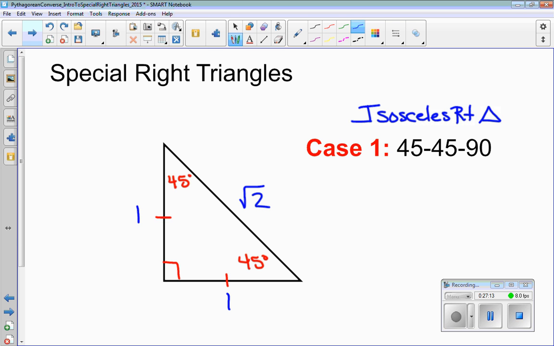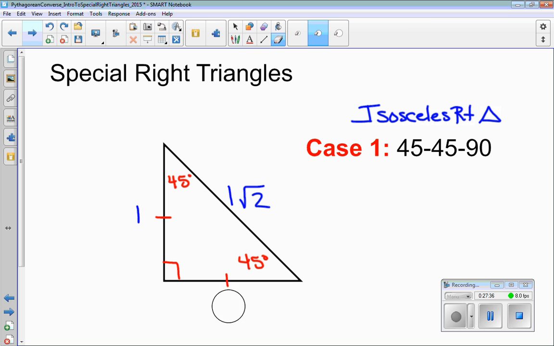Another way to think about it is, if I know one of the legs, don't I automatically know the other one? If I know one of the legs, can I find the hypotenuse? Sure. I know that it's 1 times the square root of 2. Sometimes you put a 1 out here so you can recognize that it's the leg times the square root of 2. Here's an example.